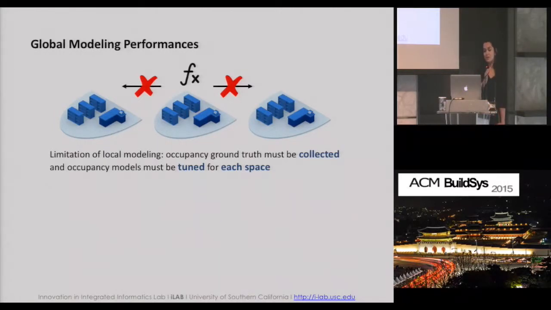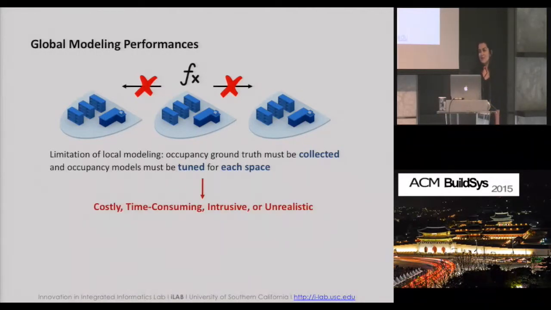From what I know, and you can correct me if I'm wrong, most of the occupancy work has been done locally. So you basically collect information from a space and train your model based on that. You train the model for each space.